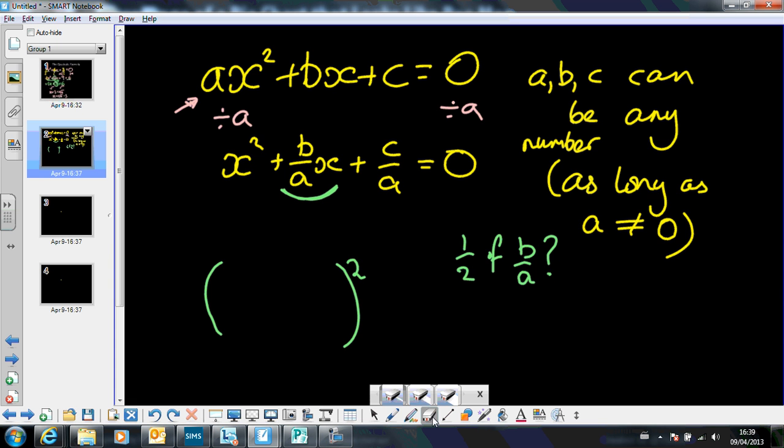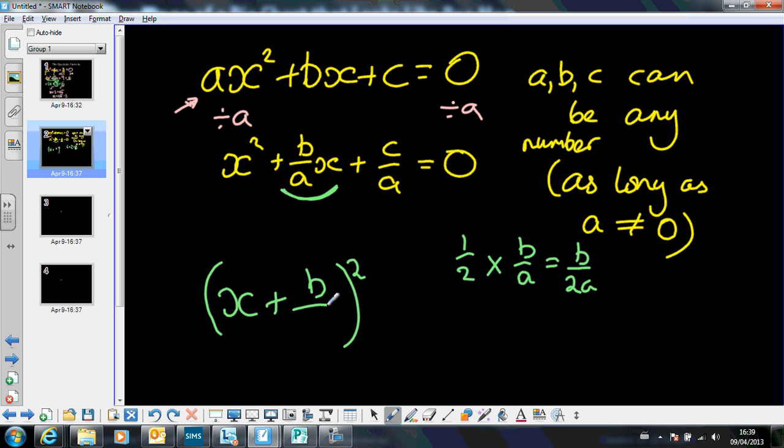Half of b over a is b over 2a. So that's what's going to go in the brackets: x plus b over 2a.